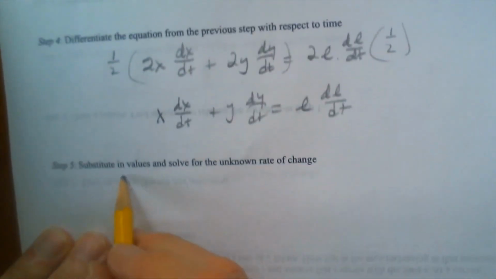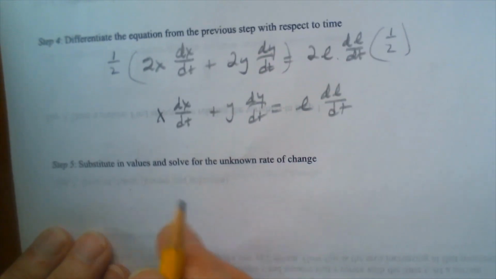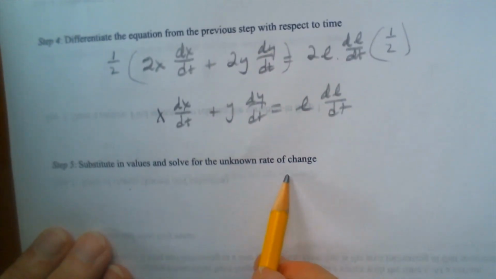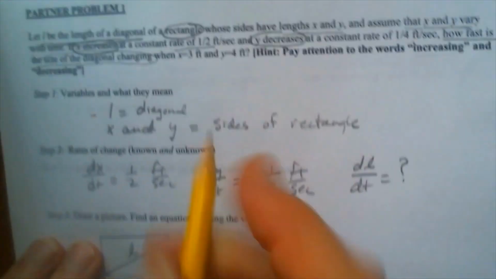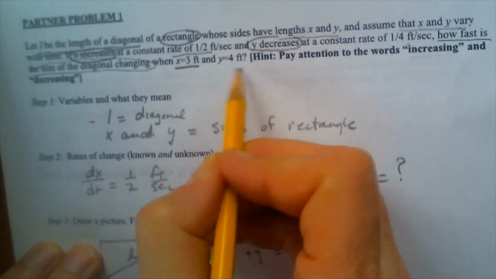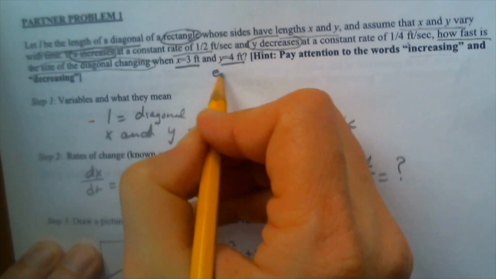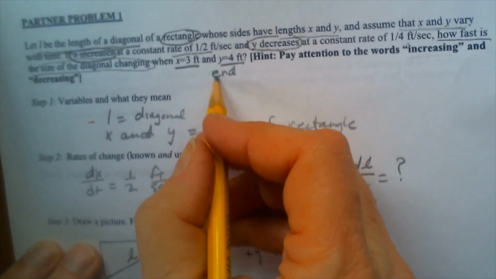And then all we have to do is substitute the values from up above. But the only thing that we don't have right now is L, because they tell us when x equals 3 feet, y equals 4 feet, that's what we put at the end, that's what we put on step 5.